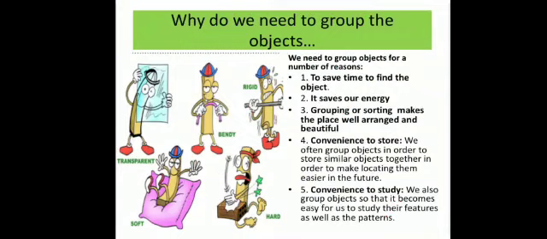It will not be easy for the shopkeeper to locate the particular soap immediately. So we can now write a definition of classification: the sorting of objects into groups, with each group having its own characteristic properties, is called classification of objects.